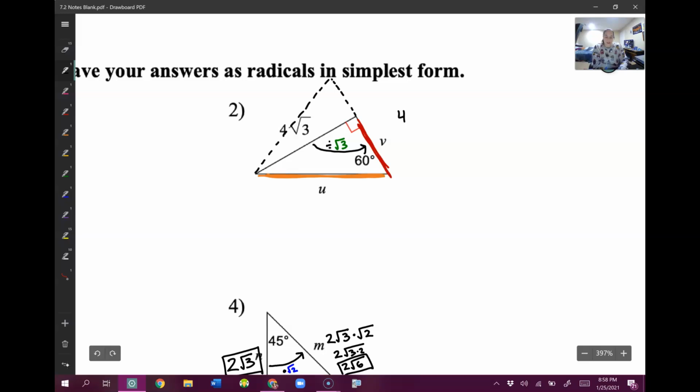So I'm going to take that side, 4 root 3, and divide by root 3. Now you'll notice my root 3's cancel. That's nice. So I just end up with 4. And now for this last side, this side is going to be twice as long as this side. So if this shorter side is 4, this longest side will be 8.